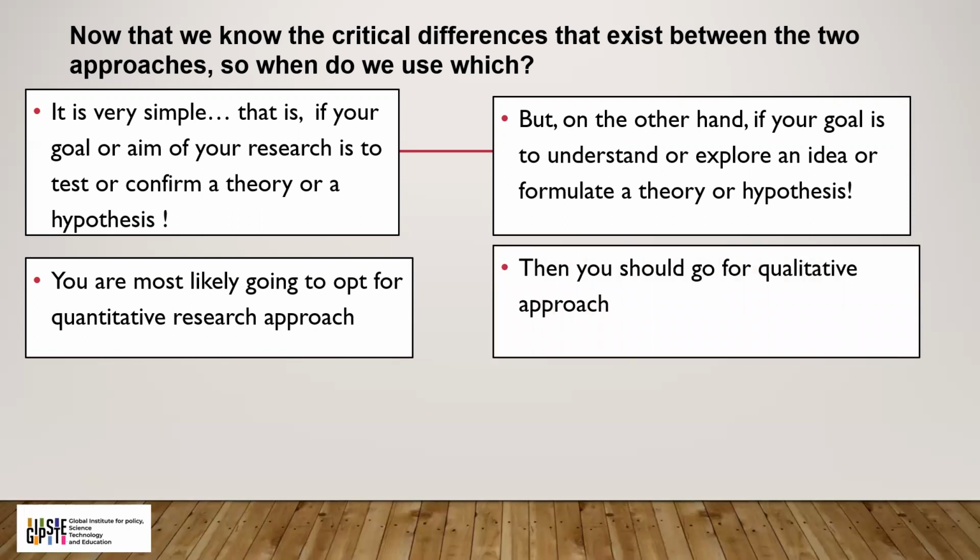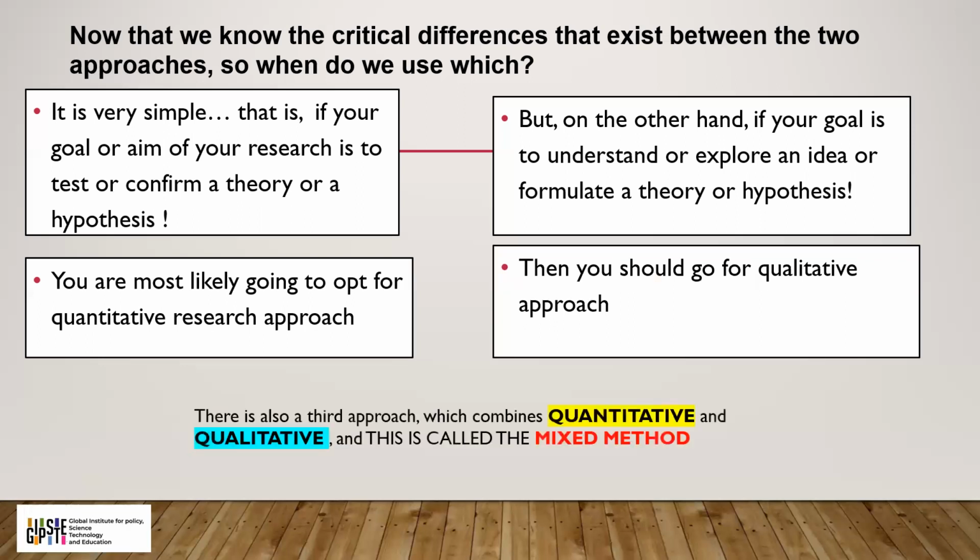So if your aim is to test the theory or hypothesis, you go for quantitative. If the goal is to formulate a theory or hypothesis, you go for qualitative. There is also a third approach which combines the quantitative and the qualitative, as we saw from the previous video, and this is called the mixed method approach.